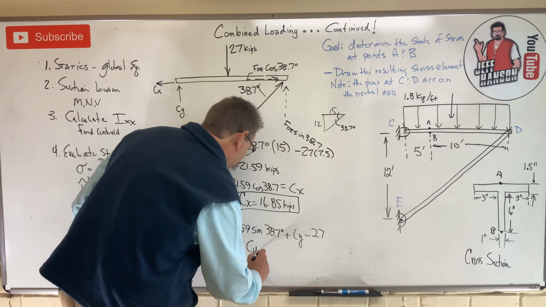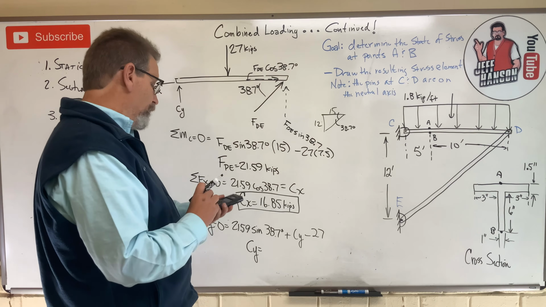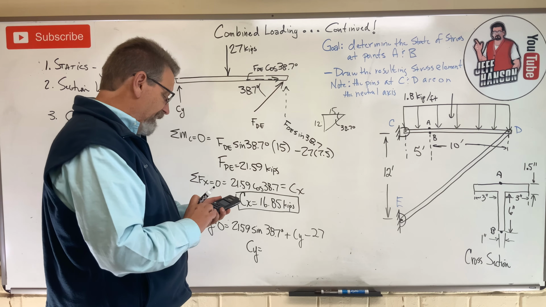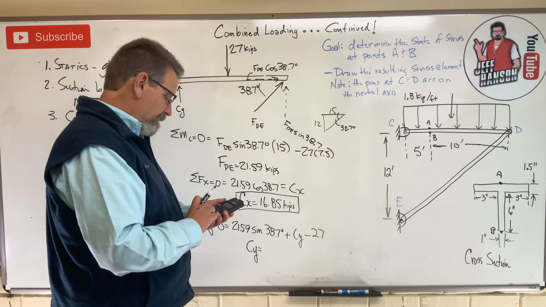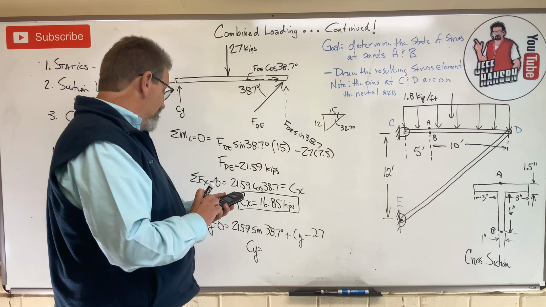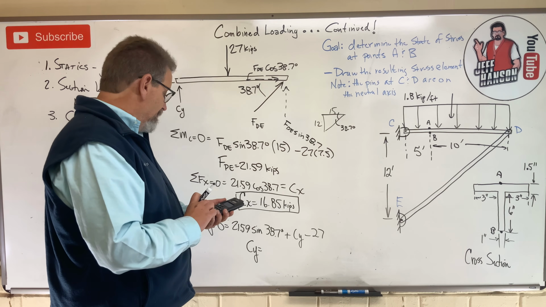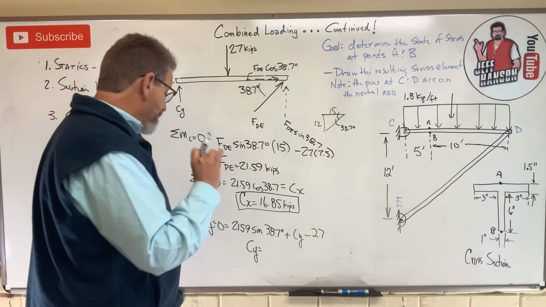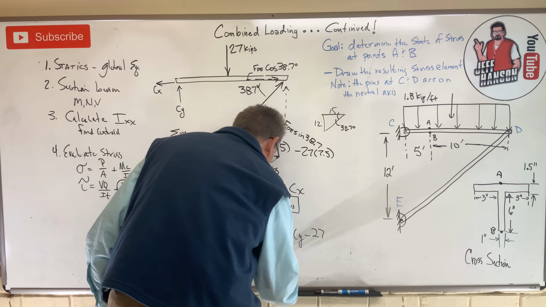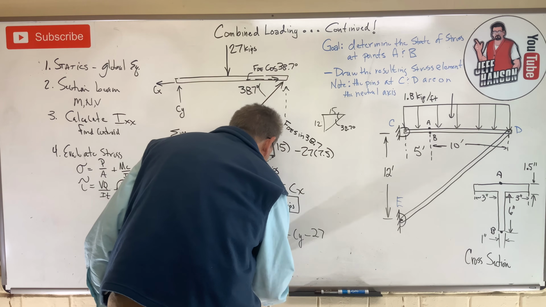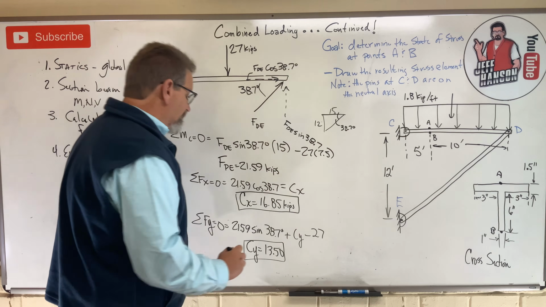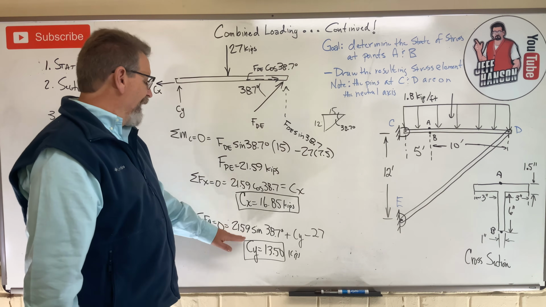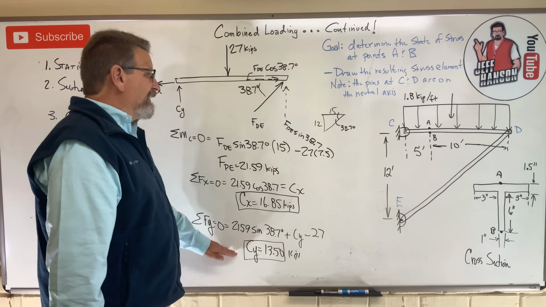So CY is equal to 27 minus 21.59, uh-oh, I forgot the point, times the sine of 38.7 equals 13.5. Okay? And that's kips again, right? Kips. Okay? Kilopounds. All right, we know CX and we know CY.